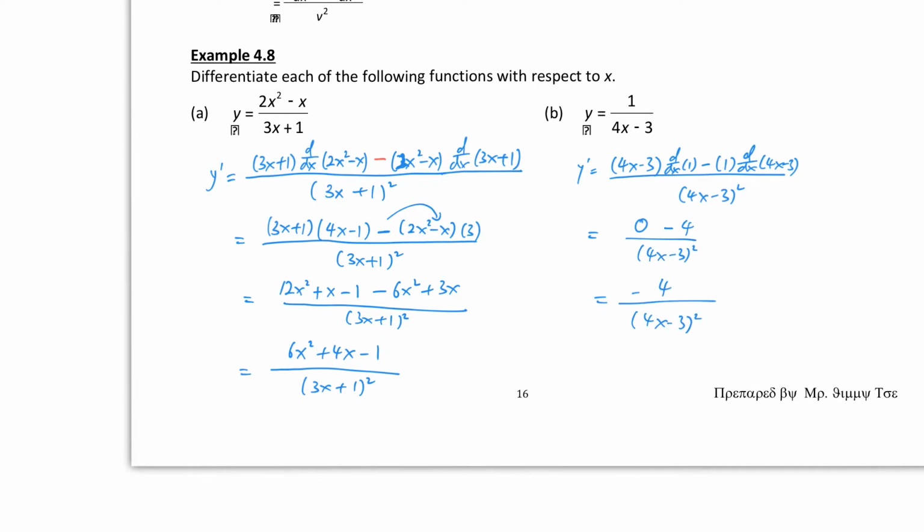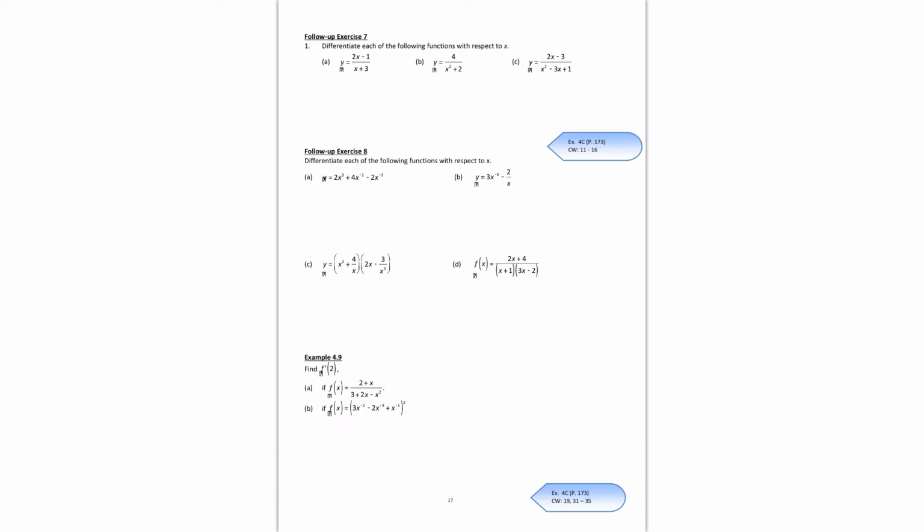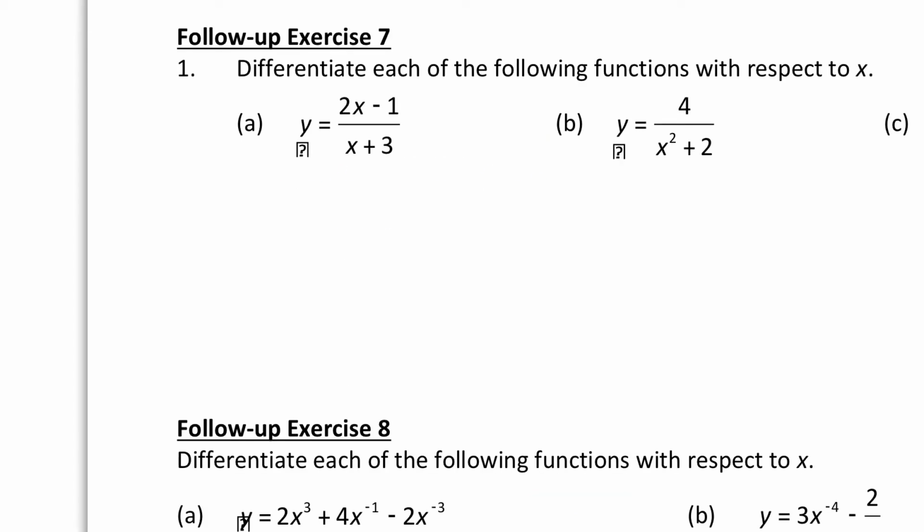Okay, turn to page 7. You may pause the video and do follow-up exercise 7 first, and then check your answer. I will demonstrate how to use the quotient rule for this example, but please do it by yourself first. According to the quotient rule, we take the square of the denominator first and then put down the denominator and find the derivative of the numerator.